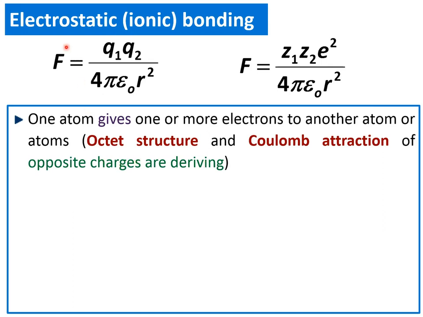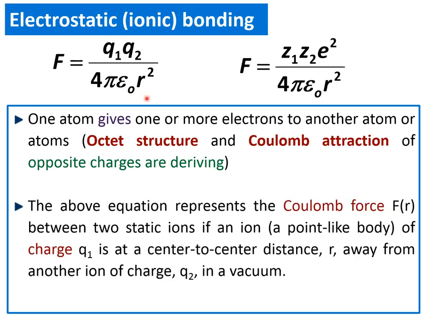We can of course apply Coulomb's law for the attraction forces, and as you see here, the attraction force is proportional to the multiplication of the charges, and inversely proportional to the distance between these point charges. Epsilon naught here in the equation is the vacuum permittivity.